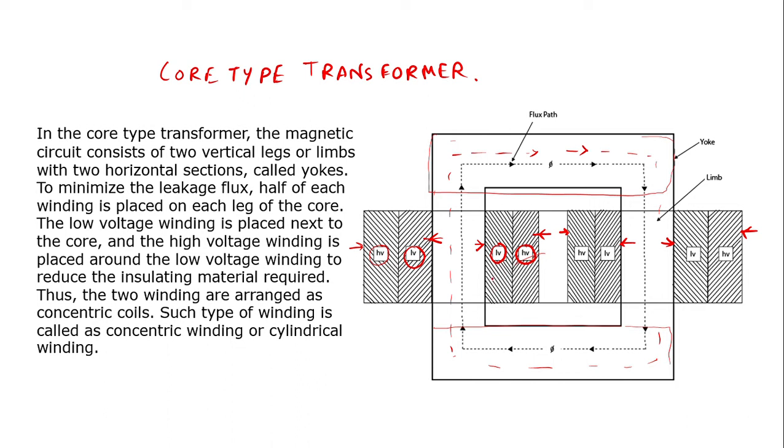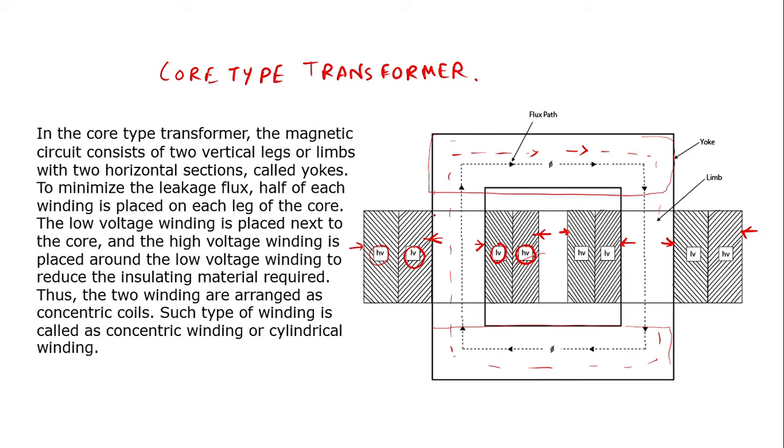Now, this type of construction is done to reduce the insulating material that is required by the machine to work, right? The two windings are arranged in concentric coils, so it is also called a concentric cylindrical winding, right?